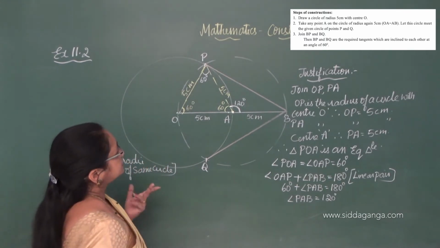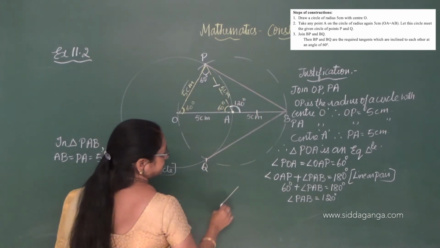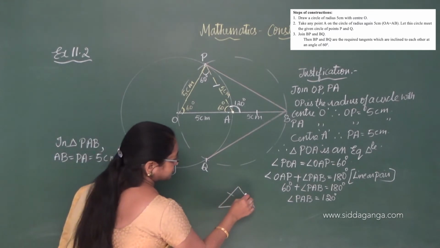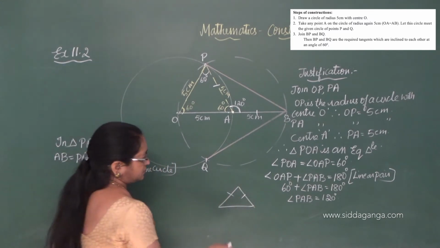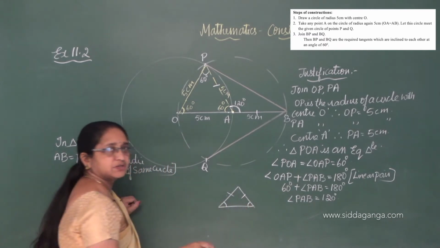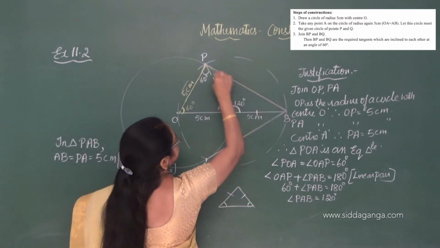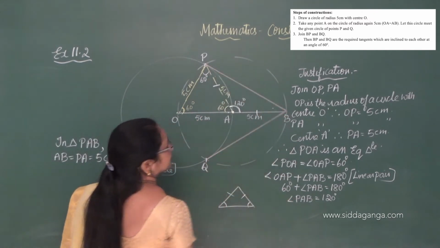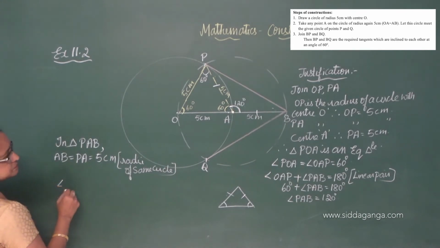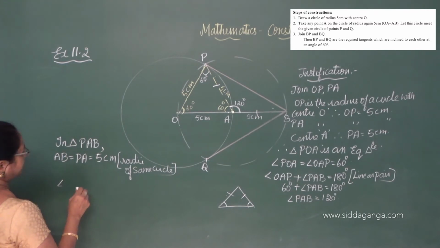Next, here you all know, see here, in a triangle, if two sides are equal, definitely the opposite angles of equal sides are equal, you all know that. So definitely these two angles will be equal, correct? Okay, now so it will be how much now? So angle sum property you can say.